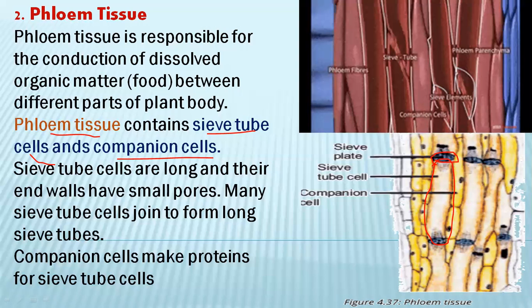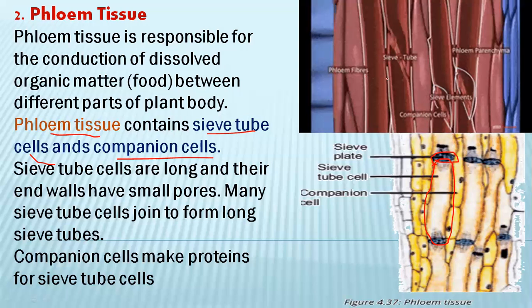Then we have the companion cell. Companion cells make proteins for sieve tube cells, and we have some supporting cells and some parenchyma. These are parenchyma cells which have reserved food of fats and carbohydrates for the conduction of food. So here you can see this is phloem fiber.